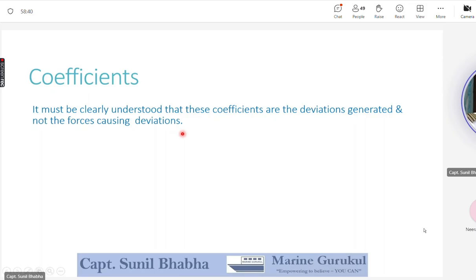Let us say, for example, as I told you, a ship is having 10 degree east deviation at a particular heading. Out of which, let us say, 2 degrees of deviation is being caused by the magnetism of the ship in the fore and aft direction. It may have a permanent component, which is the P component, the component of the permanent magnetic field of the ship in the fore and aft orientation. And it may also have some induced magnetism.